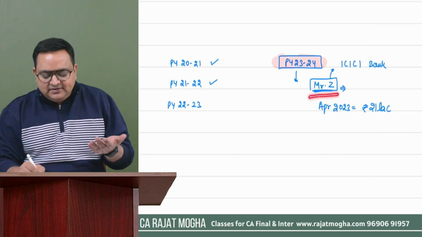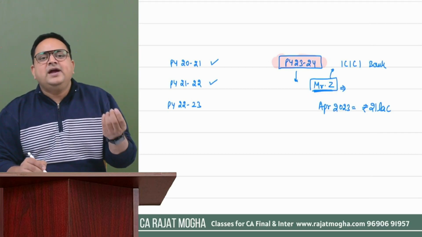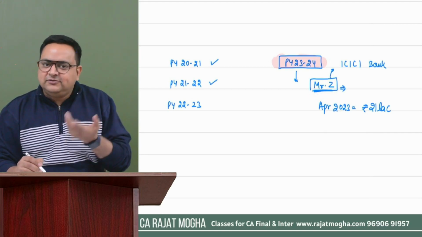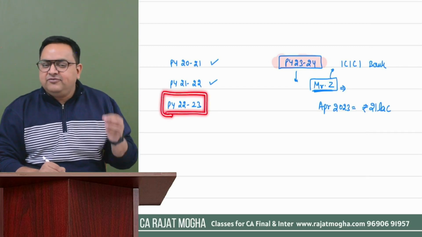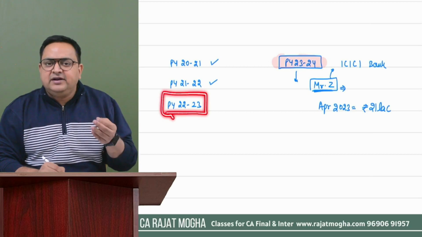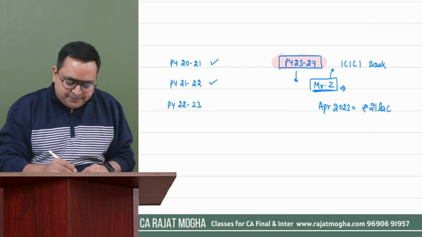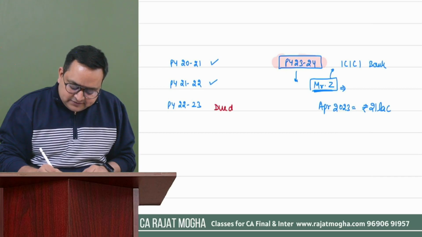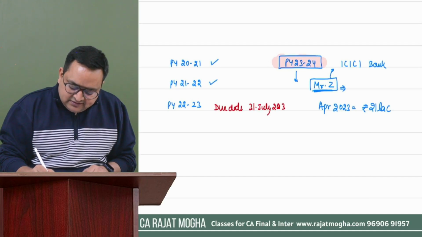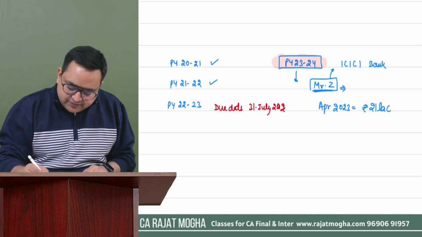Because Mr. Z is saying, sir, the due date of my return filing is 31st of July. So, previous year 22-23, if he's saying the due date is 31st July, of which year? 2023. This person is saying, sir, my due date is 31st July 2023, and this is not yet expired.